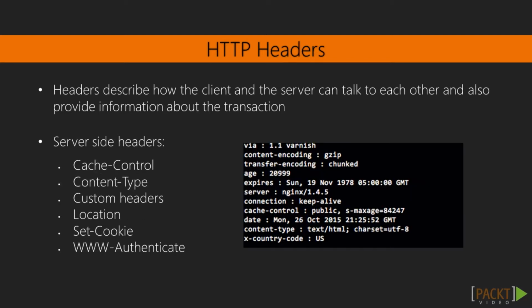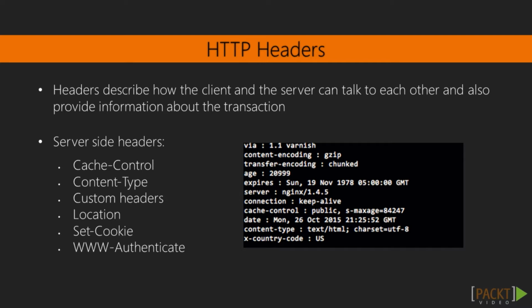And we also have server-side headers, which are set by the web server. Cache-Control defines the directives which must be obeyed by all caching mechanisms along the chain. Location is used for redirections. Whenever there is a 301 or 302 response, the server must send this header.